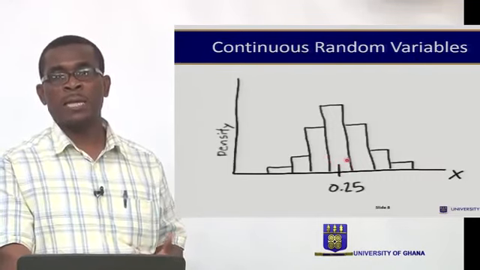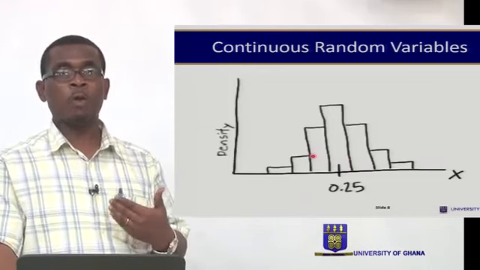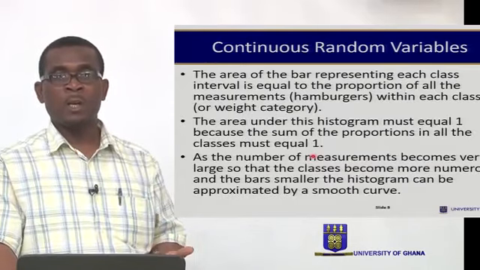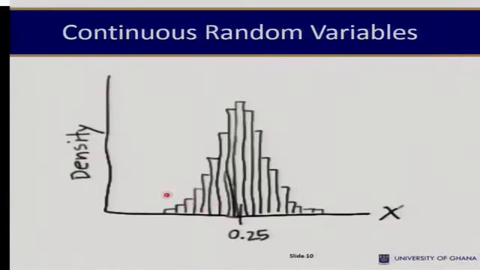And when we do that, it means that the number of bars we will get will be more numerous than before. So let's say we decide to make the class intervals smaller. It will allow us to get more class intervals because we've increased the number of observations. Now, when we draw the histogram, it gives you a shape like this.